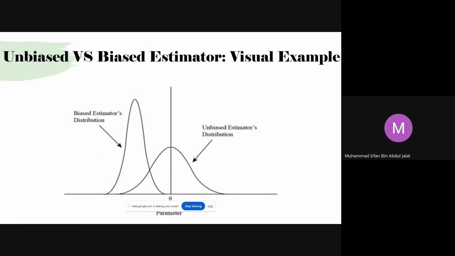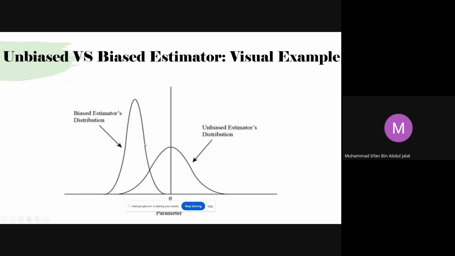But if the estimator is biased, as we can see here, a biased estimator will tend to either overshoot or exceed the true value of the population mean in the long run, or give results that are less than the true population value of the parameter of interest.